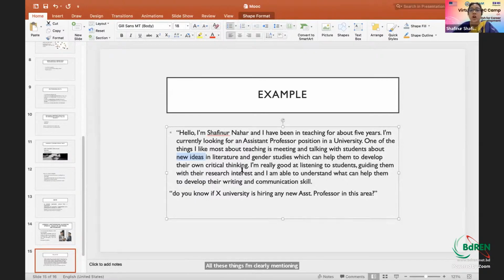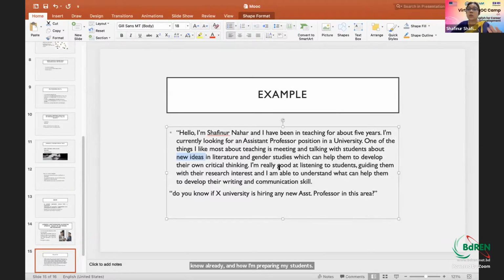And if my lecture is all about literature and gender studies, then hearing all those things, the students can develop their own critical thinking. So I'm also preparing them in the practical field. I'm giving what I know already and how I'm preparing my students.